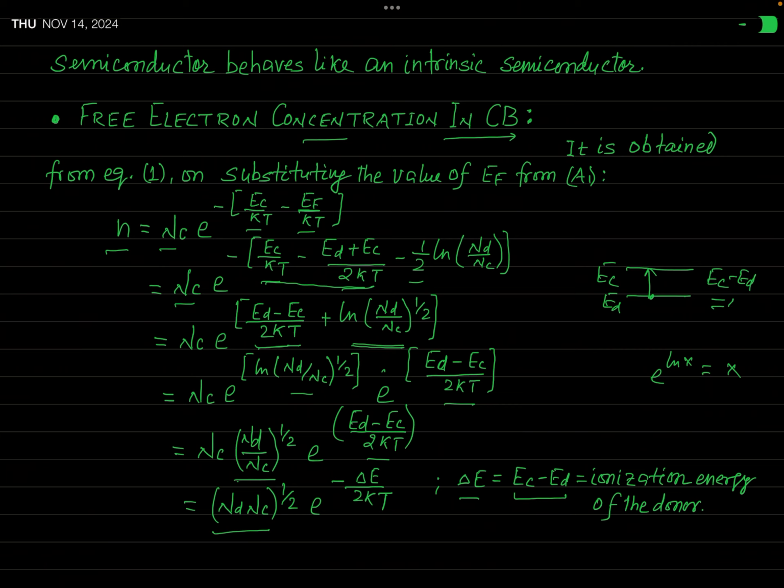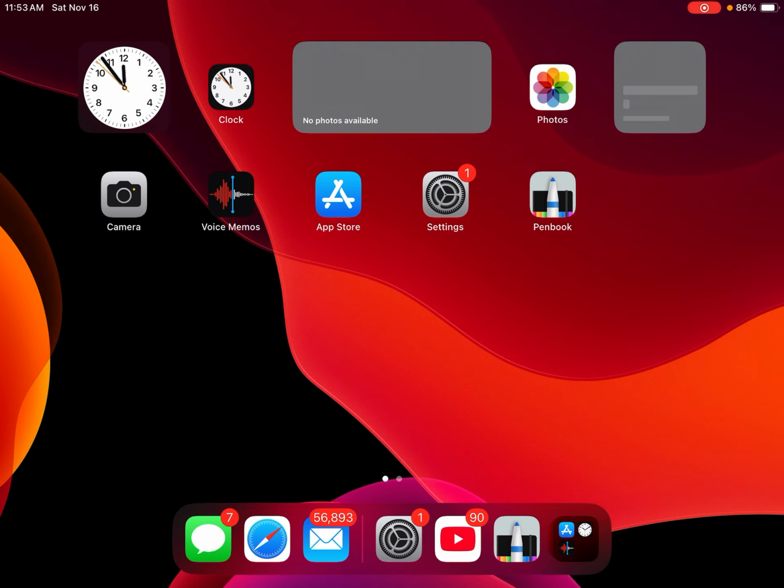I have told you earlier, and this is denoted by the symbol delta E. This is called ionization energy for the donor. Okay. So Ed minus Ec will be minus delta E. So N is equal to square root of Nd times Nc times exponential to the power minus delta E over 2kT.